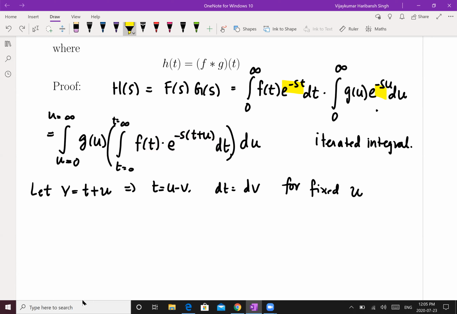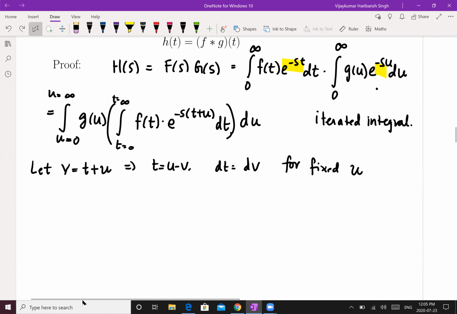So we get this, and therefore this integral h of s can be seen as integral 0 to infinity g of u.